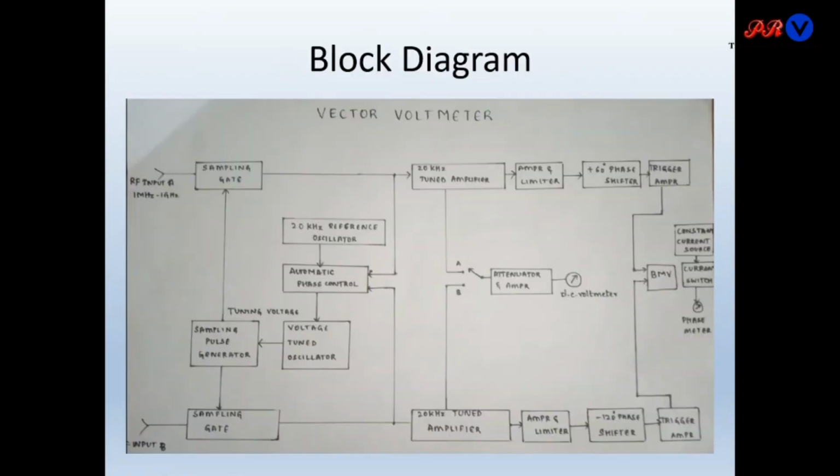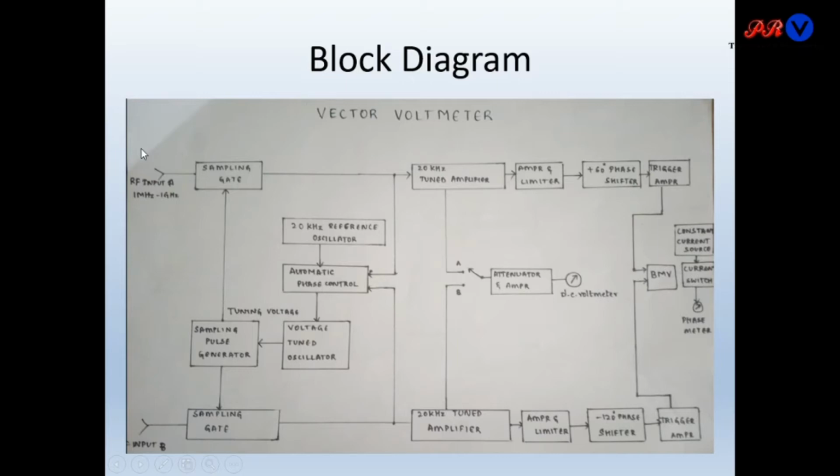Block diagram of vector voltmeter is shown in the figure. So basically it is somewhat complex, but for simplification we will divide this overall block diagram into 4 steps.